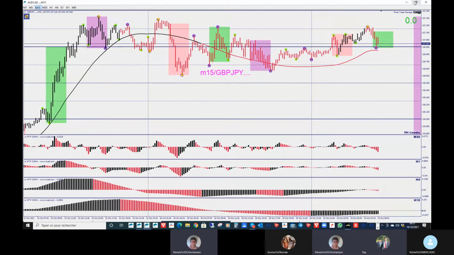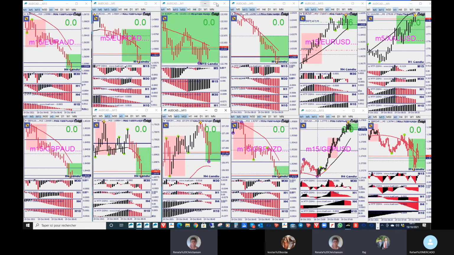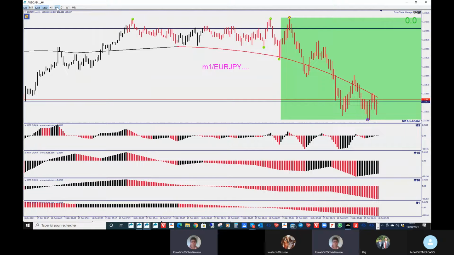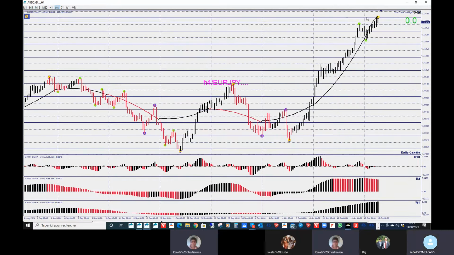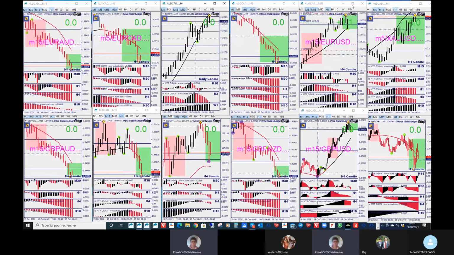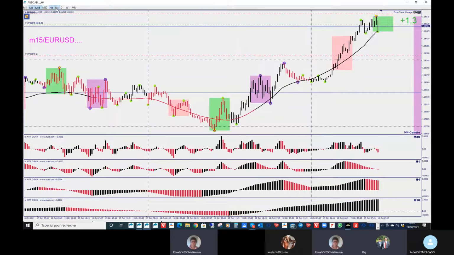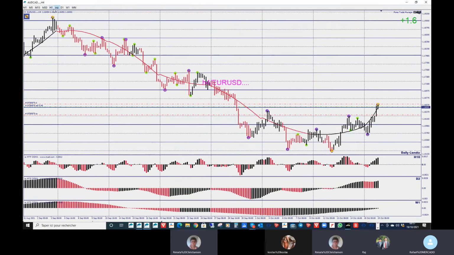Look at the euro yen on the 4-hour. Same thing. Your long-term direction of the euro yen is still a buy.